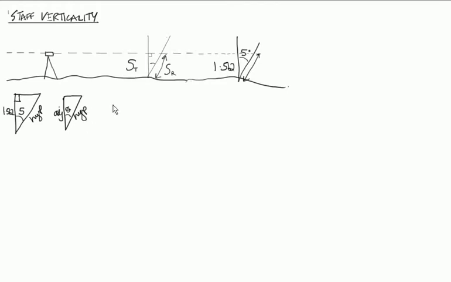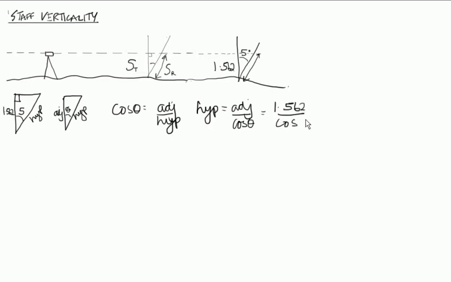So the formula we're going to use is cos theta equals adjacent over hypotenuse. So we rearrange that equation to give the hypotenuse is adjacent over cos theta. So we'll put our numbers into that, 1.562 over cos of 5 degrees, and that gives us 1.568.